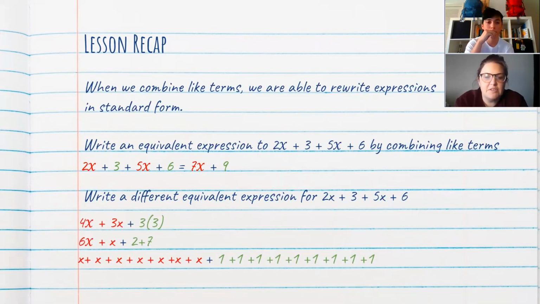Some examples of things you might have come up with are 4x plus 3x plus 3 times 3. As you can see, your answer there would still get you to 7x plus 9. You can tell from the different colors where the variables match. So 6x plus x plus 2 plus 7 would work, or you could write it in completely expanded form with all the x's written out and all the 1's written out.